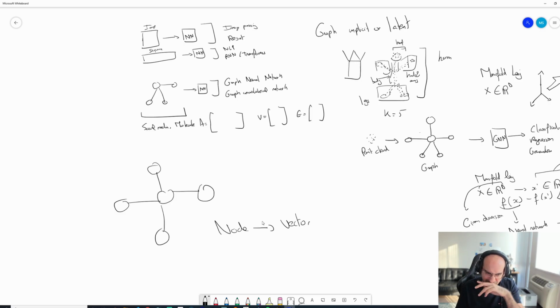Well, the first thing to notice is that each node has some features. So for example, in the case of the point cloud, this would be your x, y, z coordinates. So basically where this point is in space.